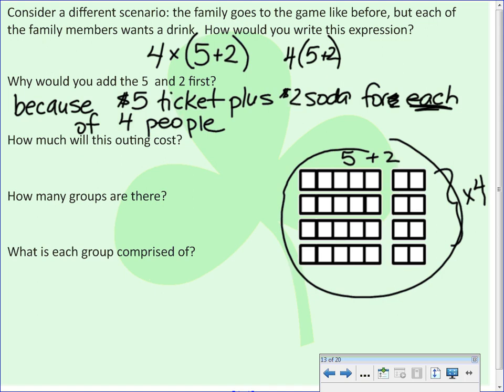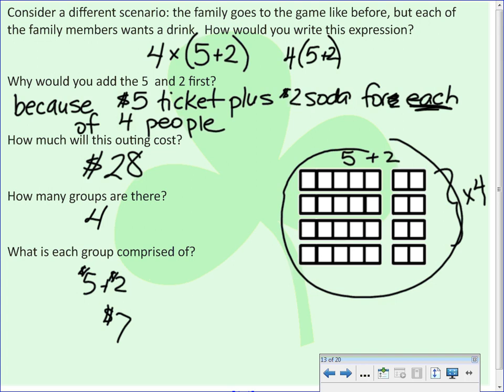If it's $5 plus 2, now it's $7 per person. So if it's $7 per person times the 4 people, how much does it cost? $28. So we have 4 groups, and each group costs 5 plus $2 or $7.